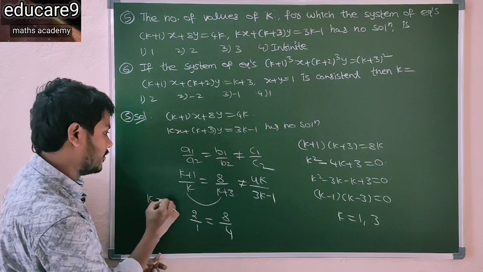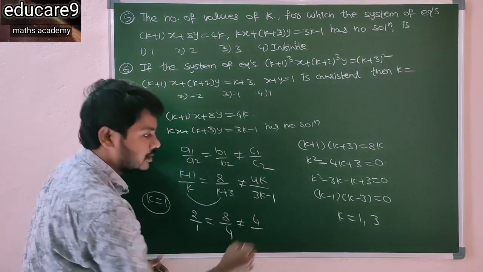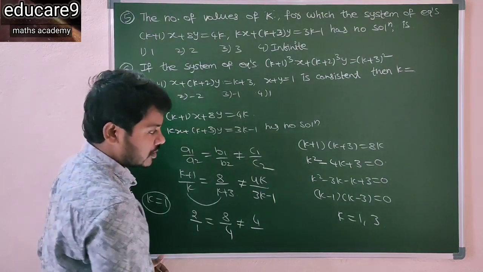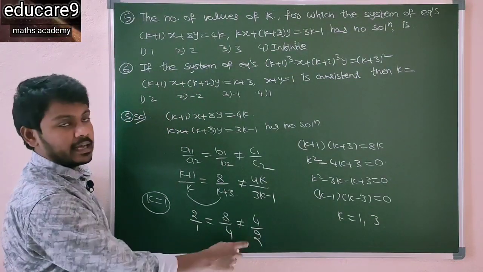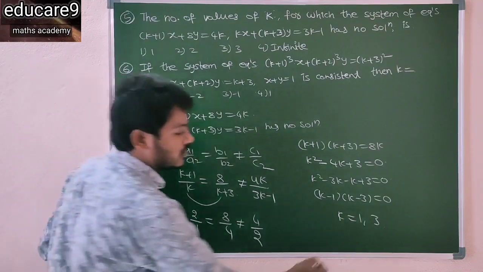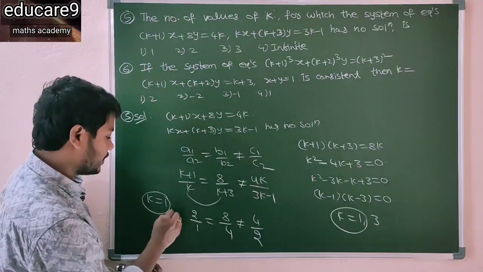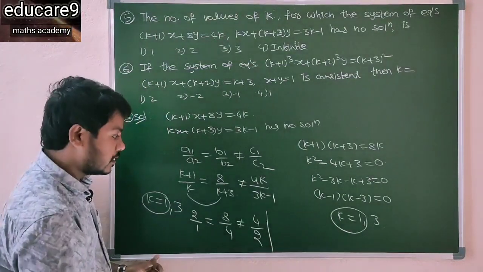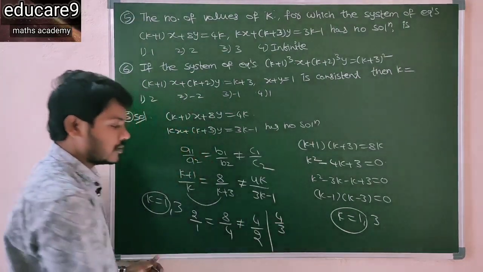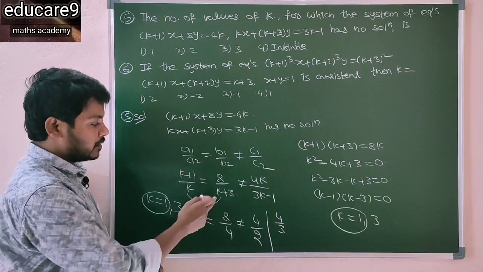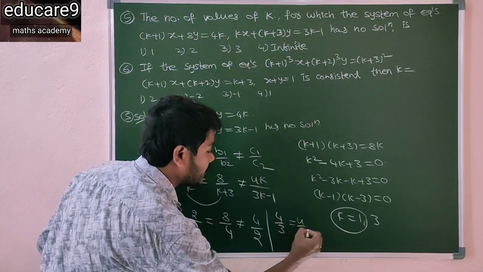Okay. If k is equal to 1, next here, 4/(3k-1), that is 4/(3-1). But in this case, all are equal. So k equal to 1 is not possible. If k is equal to 3, so what you get? (3+1)/3 is 4/3. So 8/(3+3) is 8/6, that is 4/3.